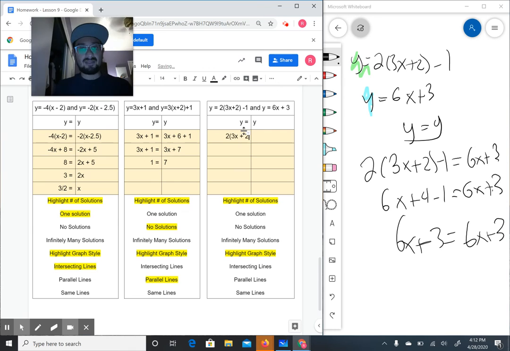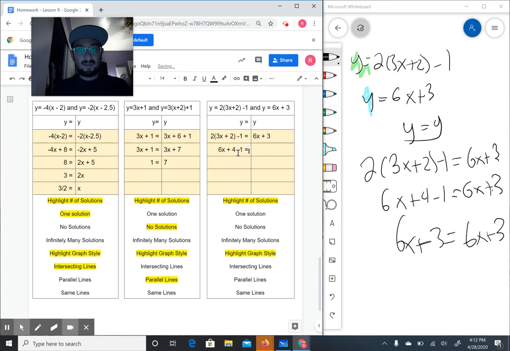And you could stop right there and make that statement if you have made that leap in logic. If you want to go one more step, and subtract the 6x from both sides, by all means, go ahead and do that.